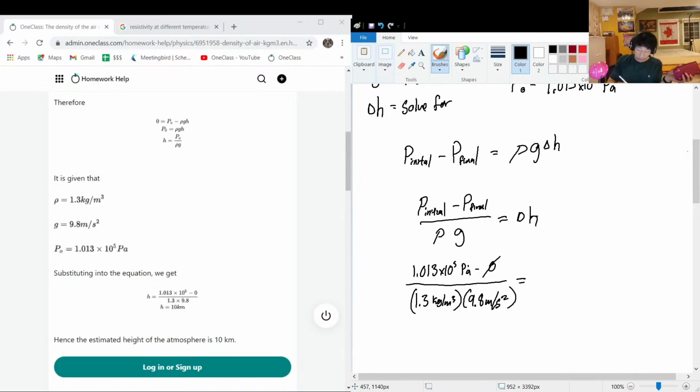So this will be our delta H. Let's ask our calculator what that is. 1.013 times 10 to the power 5, divide that whole thing by 1.3 times 9.81.